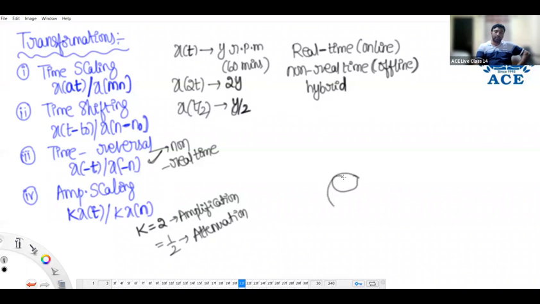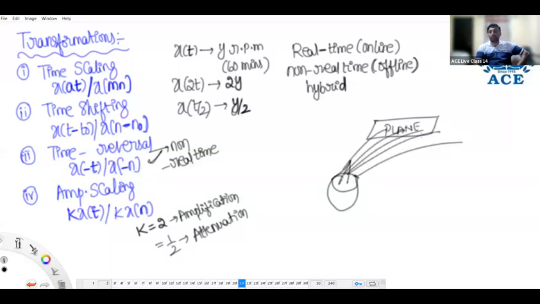Another example: assume radar is tracking the position of an aeroplane. At different instants of time, it is at different elevation angles. From the ground station, some signal is transmitted, that is like x(t).